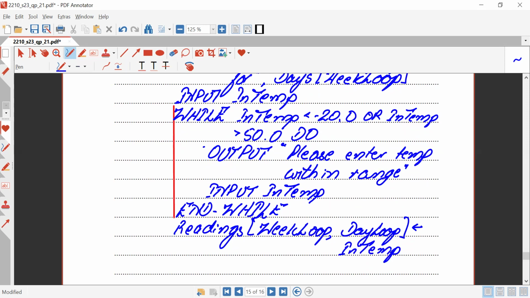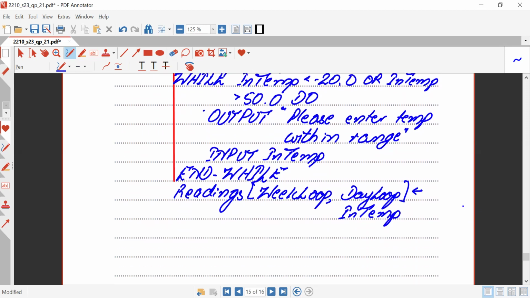Okay, once we are done till over here, now we need to take out the total for the day. So how are we going to take out the total for the day? Total day temp was the variable that we utilize over there, and it will be given with a value total day temp plus.